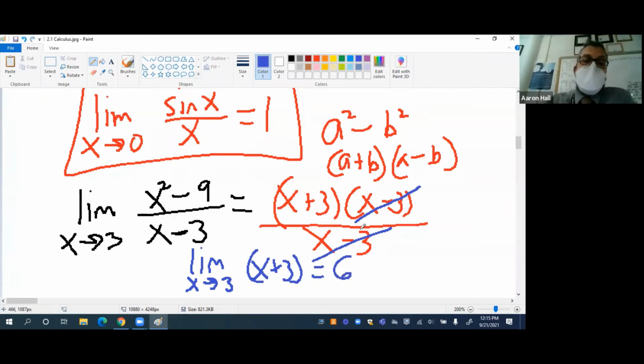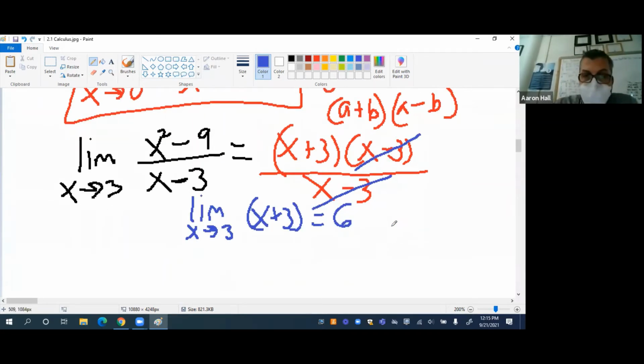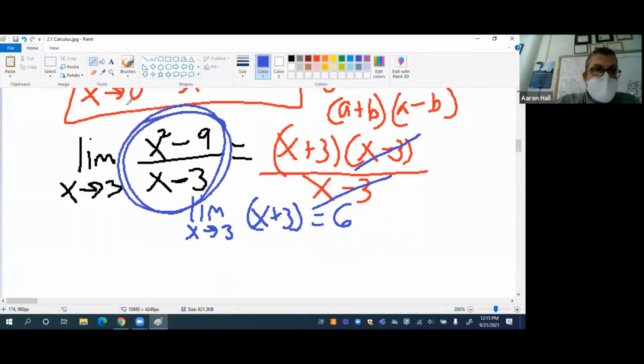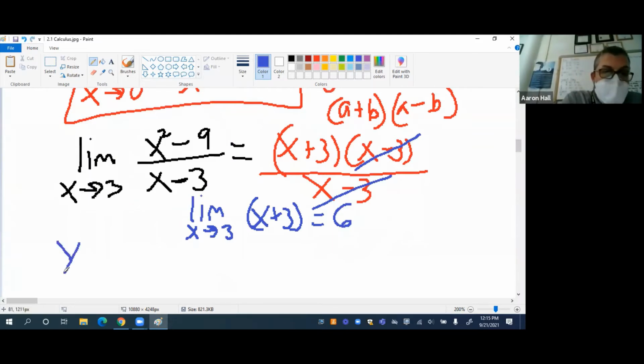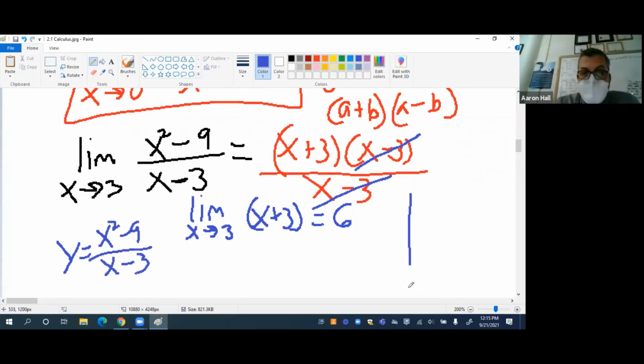So what does that mean if I graph this? If I graph this as y equals x squared minus 9 over x minus 3, we get something that looks like y equals mx plus b. So I have a slope of 1 and my y-intercept is what?